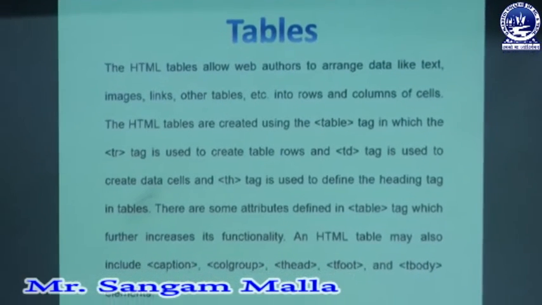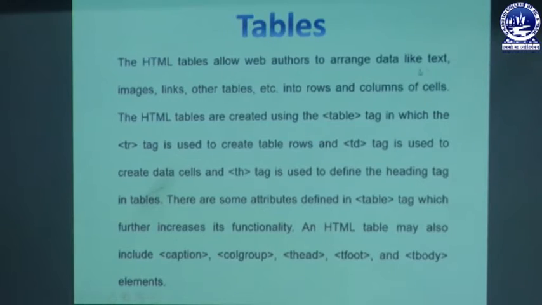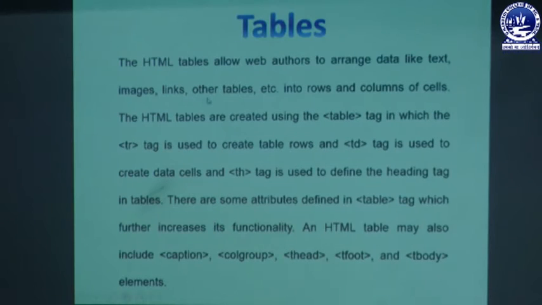So tables, the HTML tables allow web authors to arrange data like text, images, links, other tables, etc. into rows and columns of cells. The HTML tables are created using the table tag, in which the tr tag is used to create the table rows and td tag is used to create the data cells, and th tag is used to define the heading tag in tables.